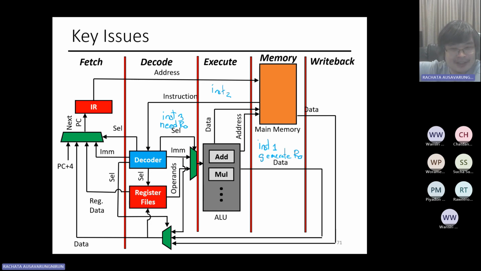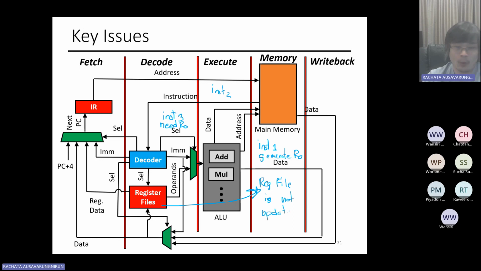My question: in the next cycle, can I send instruction 3 to execute? Do I see the updated R0 yet by instruction 1? So over here, the register file is not updated, right?